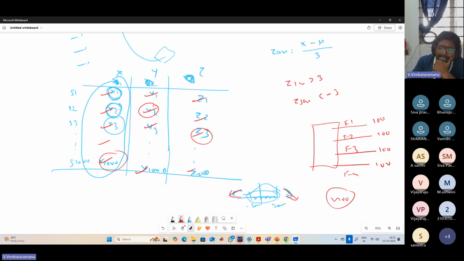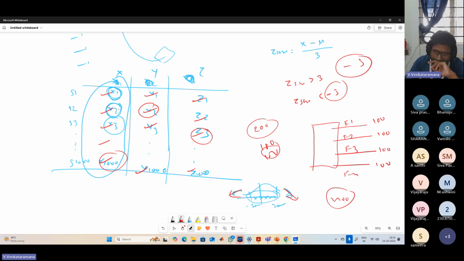But suddenly at some places we got a load of 200, or 180 or 150, which is why the Z score is coming less than minus 3. So we cross-checked the data and discussed with the engineer.